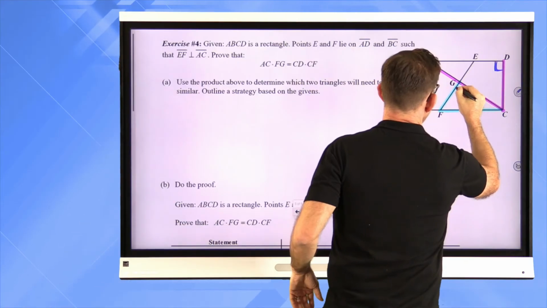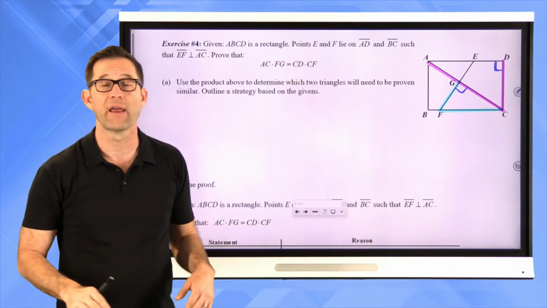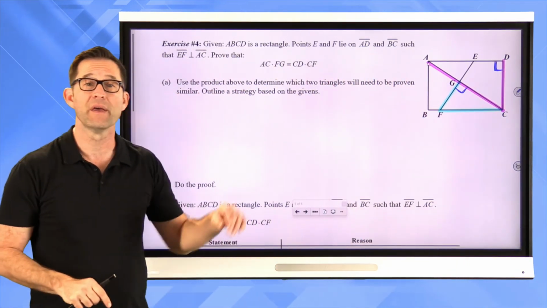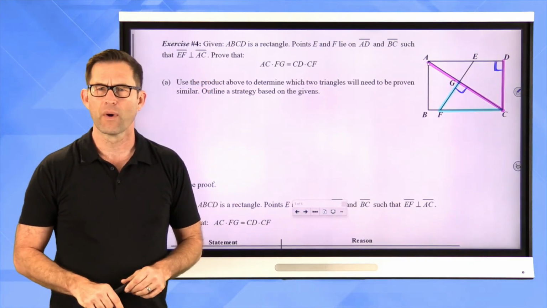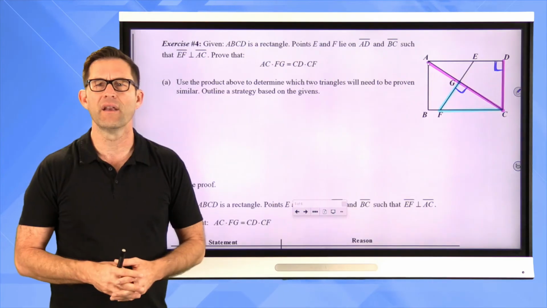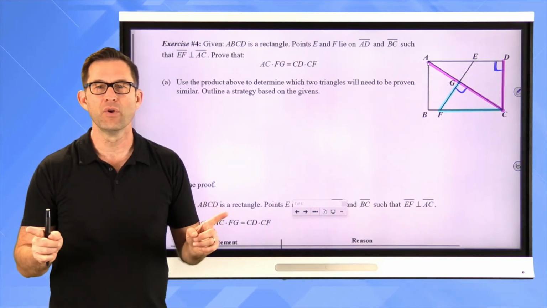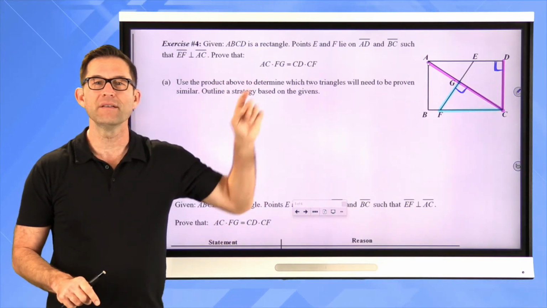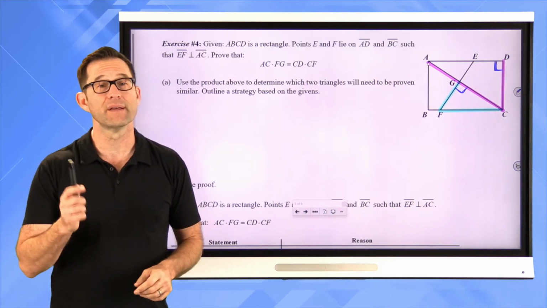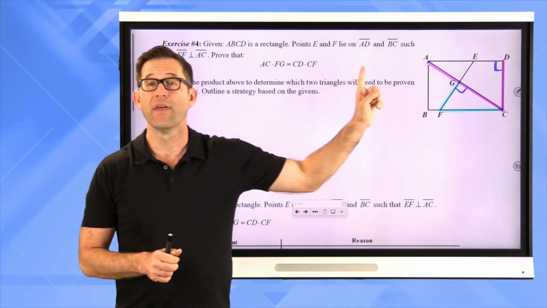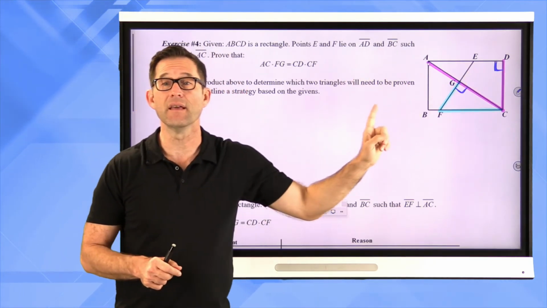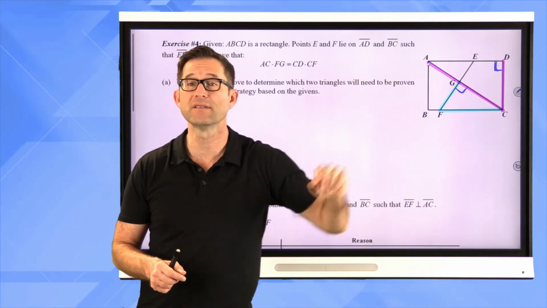So this is also a right angle. Now again, one of those right angles is based on the fact that we've got a rectangle, and one of them is based on the fact that we've got EF perpendicular to AC. Great, but I still have to get another angle. Here's the beautiful thing though. If ABCD is a rectangle, it's also a parallelogram, and if it's a parallelogram, then side AD is parallel to side BC.